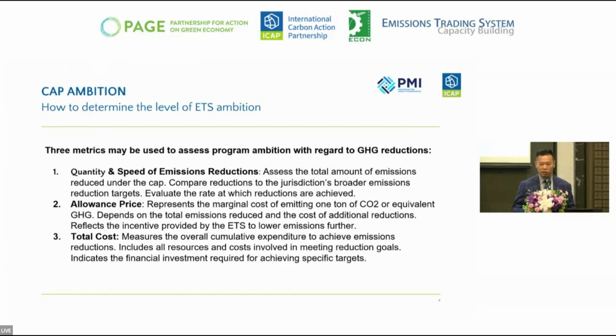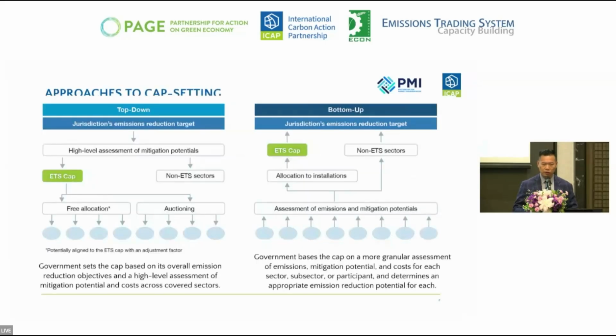So we would say right now EU ETS has the highest carbon price. It also reflects the emissions level and the total cost they paid, especially what they paid through the auctioning, directly to the government. That also shows how tight the cap is and how ambitious it is.